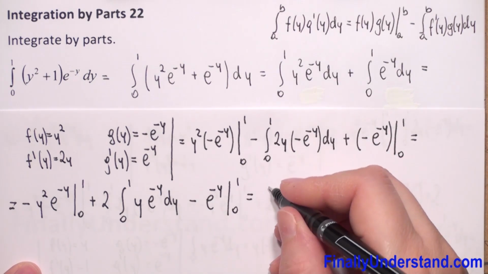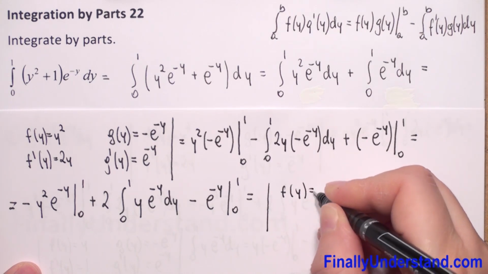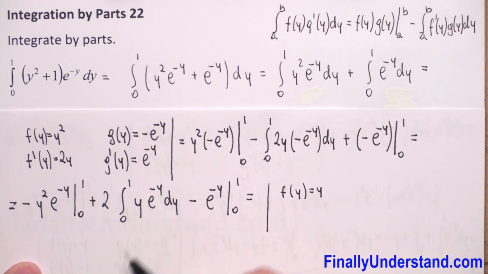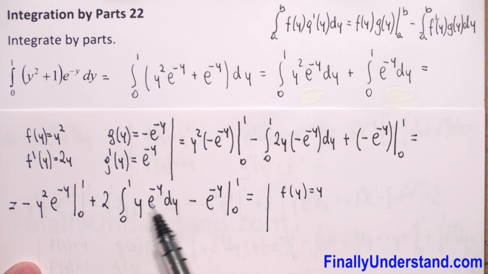So let me put that now f of y is equal to y, because I want to reduce this y. At the beginning we have y to the second power, now we have y to the first power, so after this integration we should have y to the 0 power.